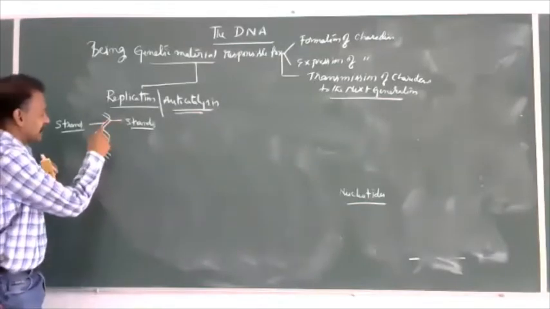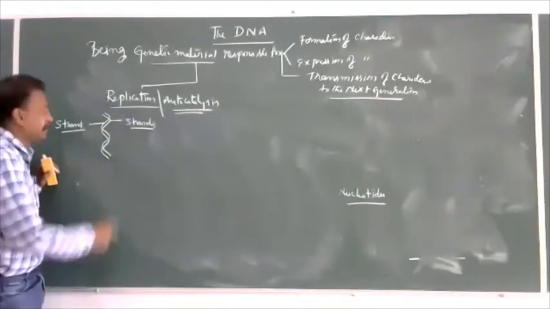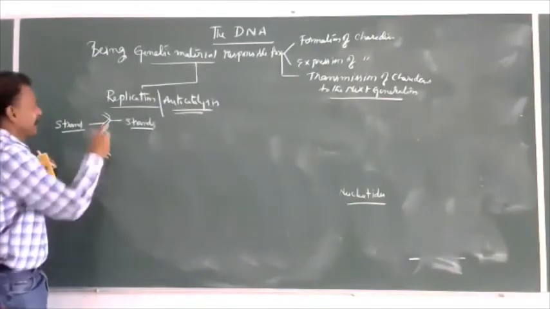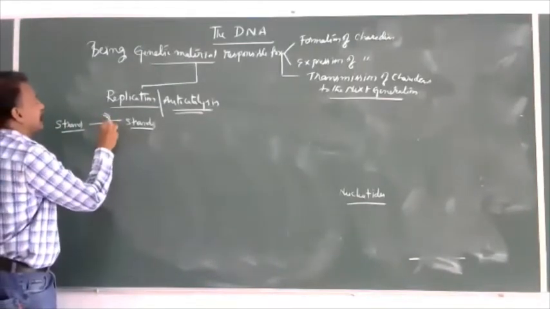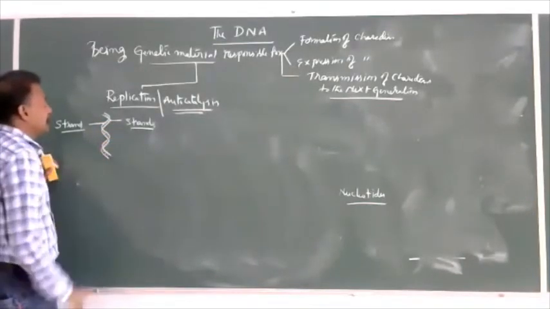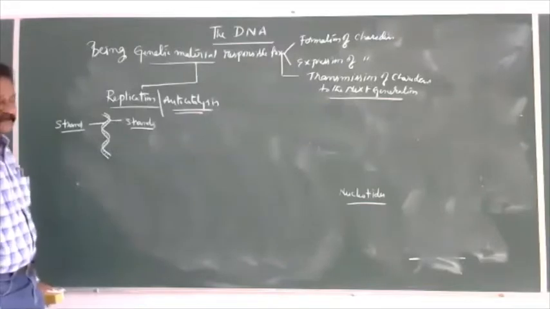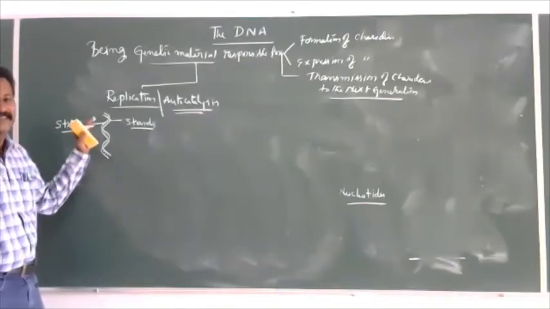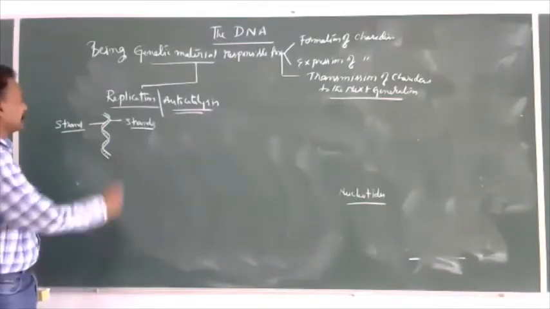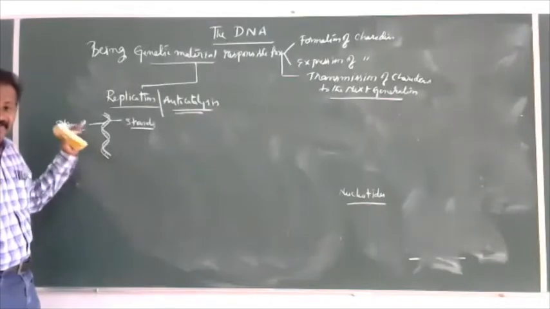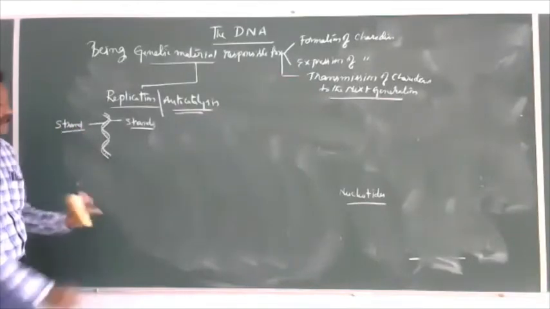Each strand is a polynucleotide chain, anti-parallel and held together by hydrogen bonds, a twisted structure with a pitch of 34 angstroms or 3.4 nanometers. So replication is a process in the life cycle of a cell, in the life cycle of an organism.